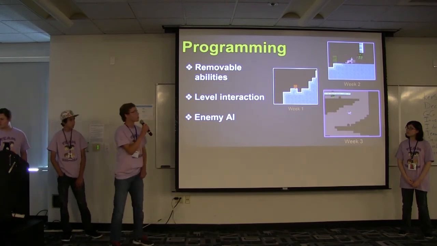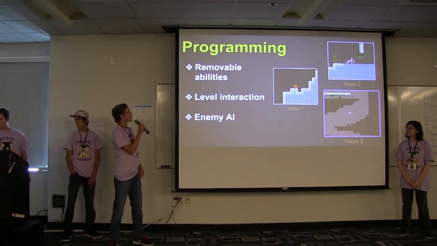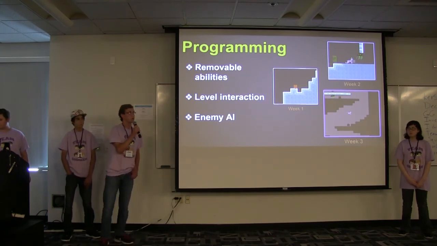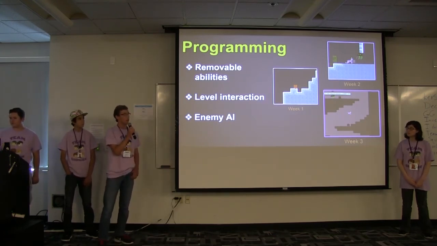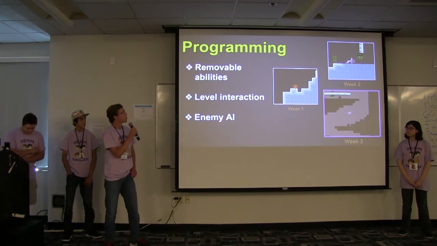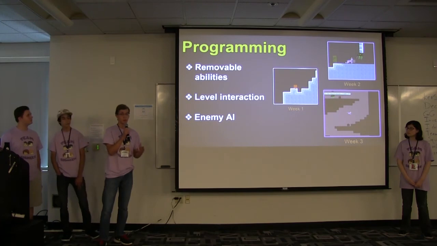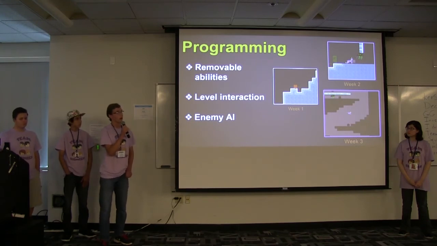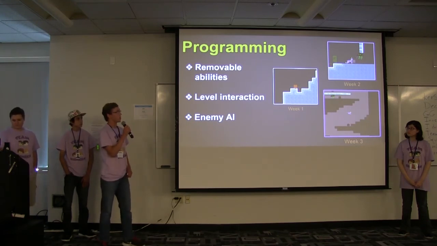All right. So there were three main hurdles that I had to deal with during making this level: making the removable abilities, having a level interaction, and making the enemy AI, which I just explained. The removable abilities were a huge part of our game because even though sometimes we had to cut back on what we wanted to make, we still wanted the core concept of player progression and adding abilities as we go along to each level.